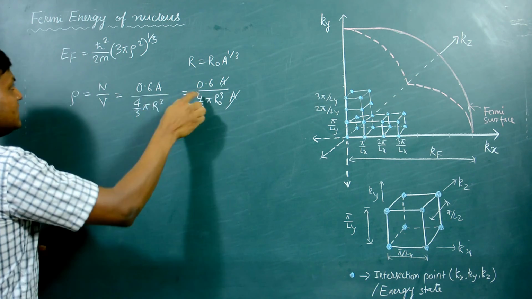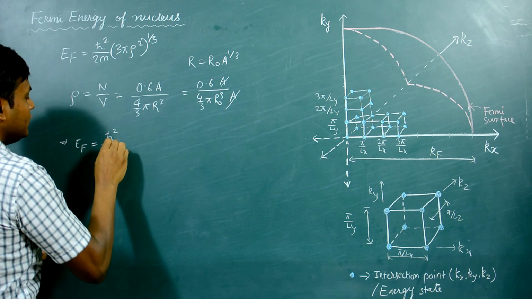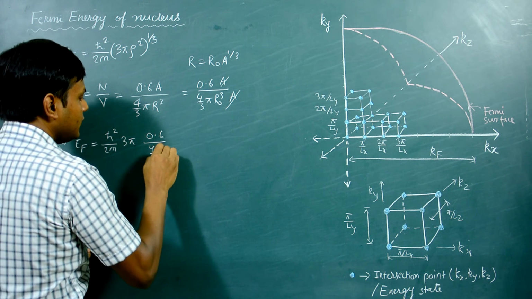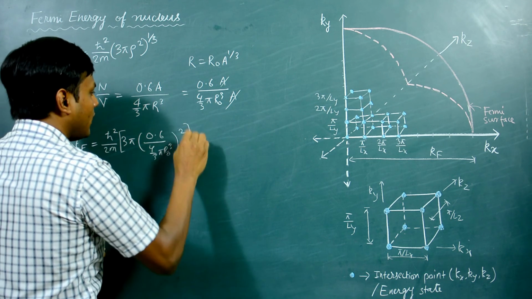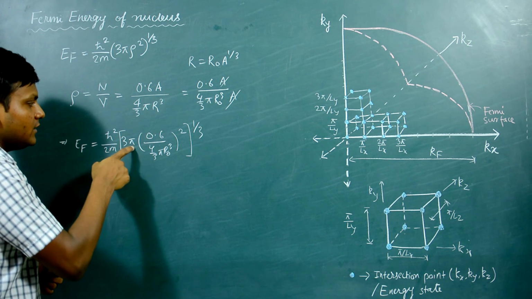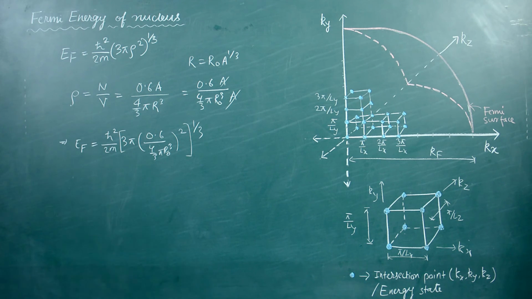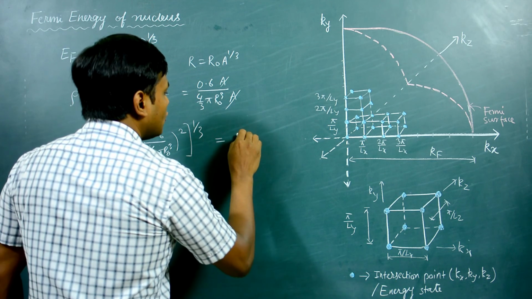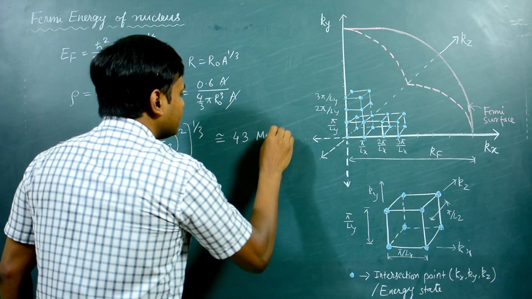If I replace this in my earlier expression, EF is equal to h cross square by 2m (3 pi square times 0.6 divided by 4/3 pi r naught cube) to the power 1/3. If I put in all the values, the mass of the neutron, the Planck's constant divided by 2 pi, and r naught is 1.1 femtometers, according to my calculations, the Fermi energy for the neutrons comes out to be approximately 43 mega electron volts.